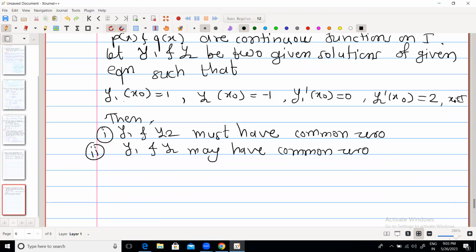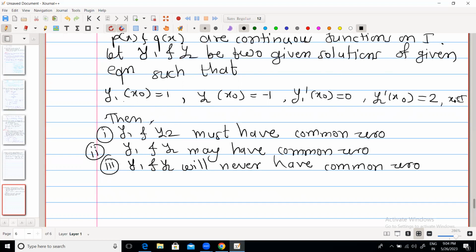Third one, y1 and y2 will never have a common 0. Fourth option, y1 and y2 are linearly independent solutions on R.